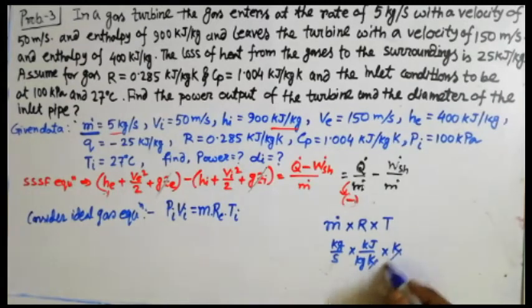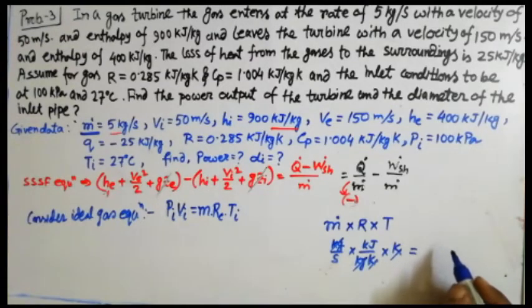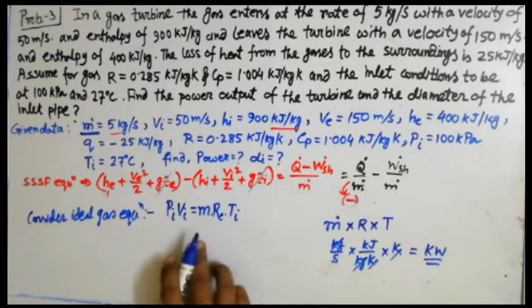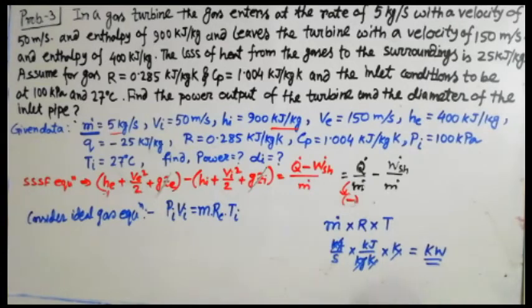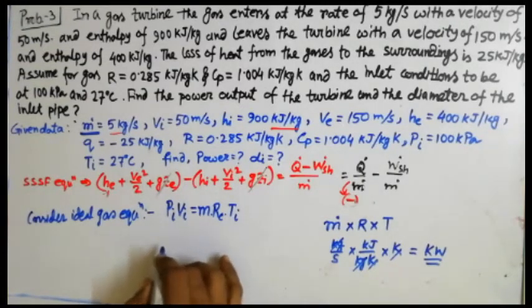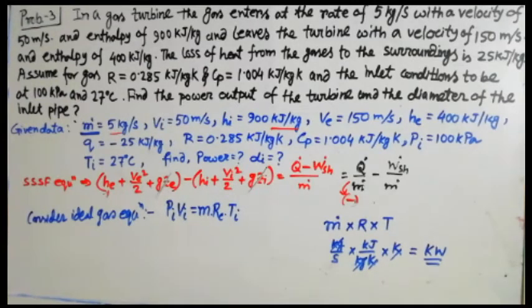So Kelvin cancels, kg cancels, and it gives a kilojoule per second, which is nothing but kilowatt. So if we write the right hand side in terms of mass flow rate, it gives a unit of kilowatt.